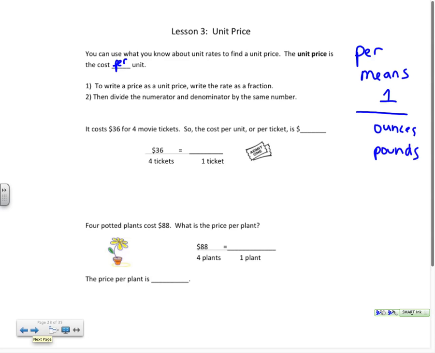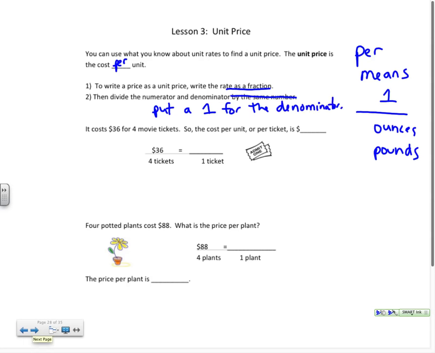To write a price as a unit price, write the rate as a fraction, like we just did, and then divide the numerator and denominator. I'm just going to say divide them and put a 1 for the denominator. So let's see how easy this is.